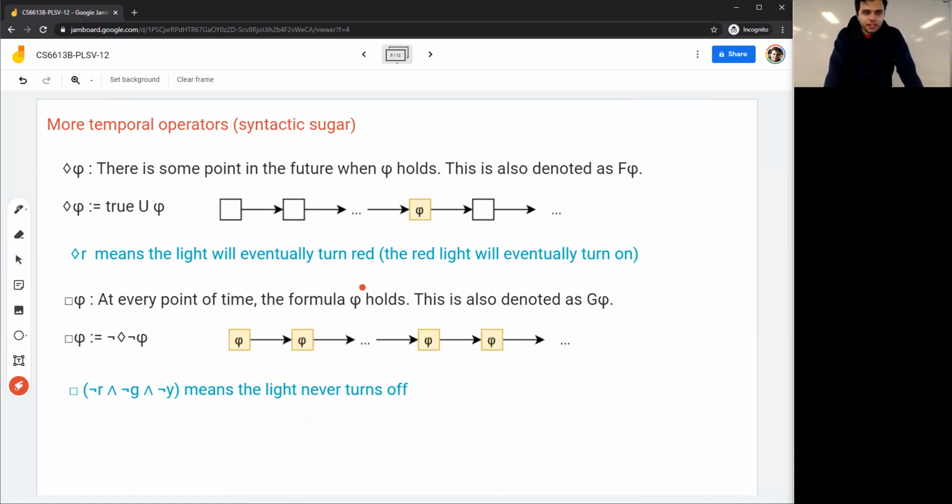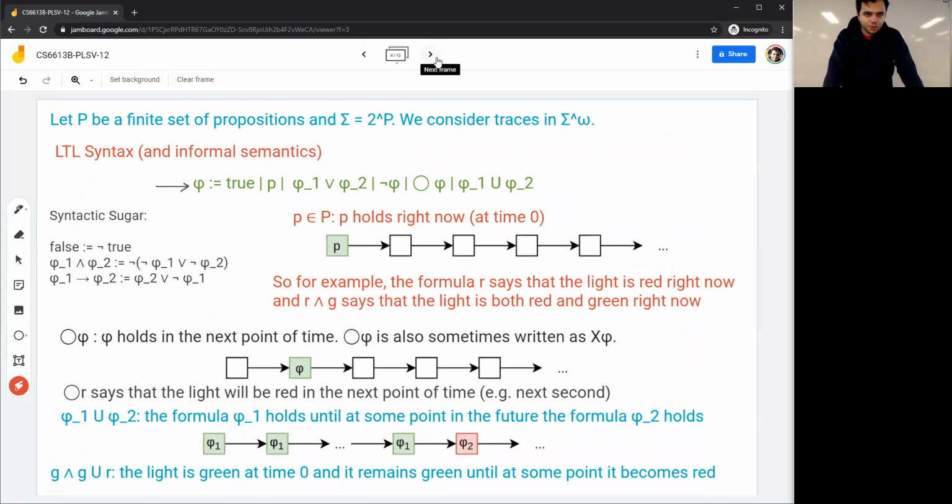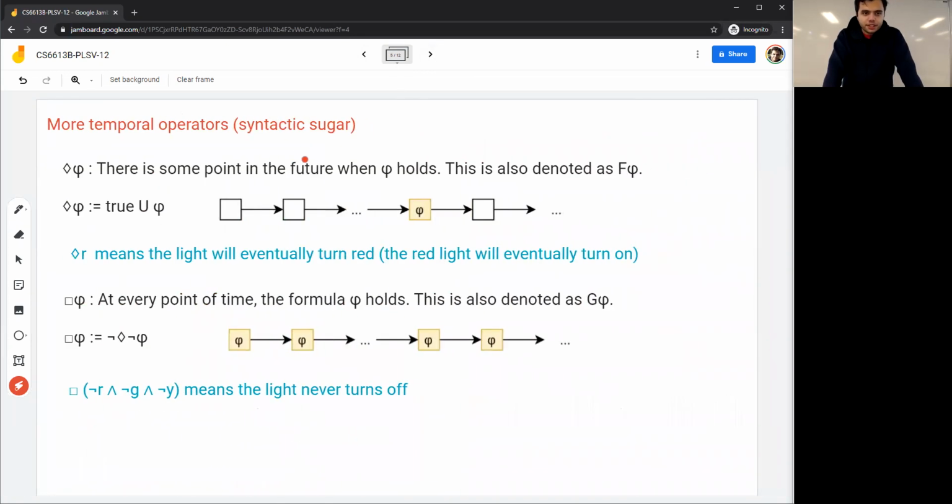But before we do that, let's just define some more syntactic sugar. And these are actually the temporal operators that we use more often, but it's just more elegant to use them as syntactic sugar. Okay, so we have this diamond thing, and we read it as eventually. So this says eventually phi.